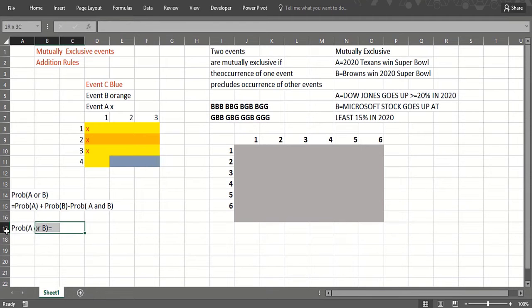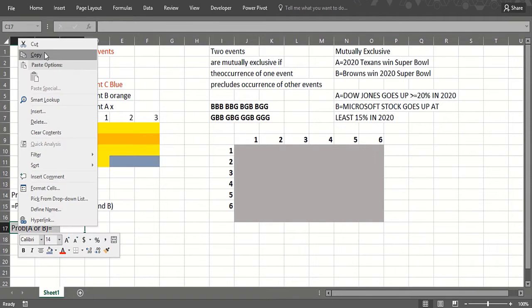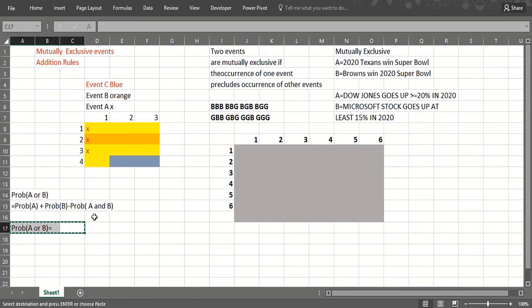And so if you apply the rule, the probability of A, the X's, is 3/12. And then you take the probability of B, the orange, that's 3/12. And if you stuck with that, you'd be wrong because you'd say 6/12, and there's only 5 points. But the probability of both is 1/12. And so then you get the right answer, which is 5/12.